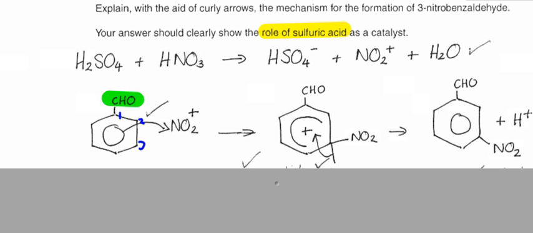Notice how you've got the curly arrow coming from the ring of 6 delocalized pi electrons out to the electrophile. I want to make one small correction here on my electrophile. That is, I'd rather see that plus on the nitrogen, because that is what's going to form the bond with the benzene.